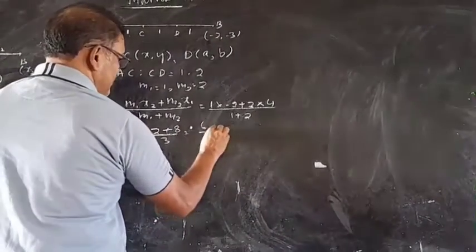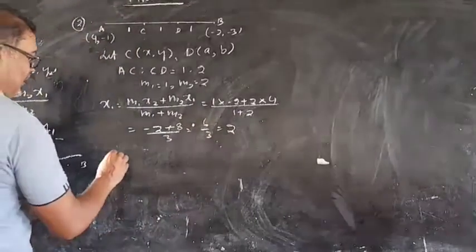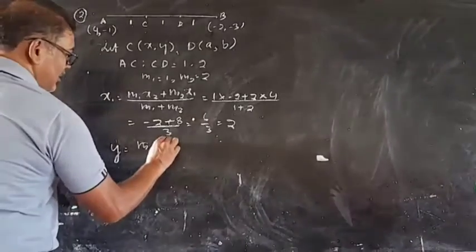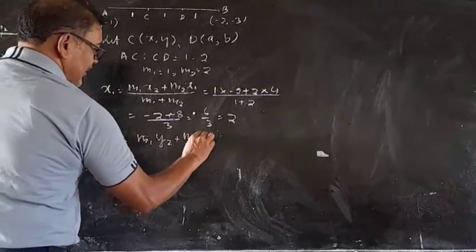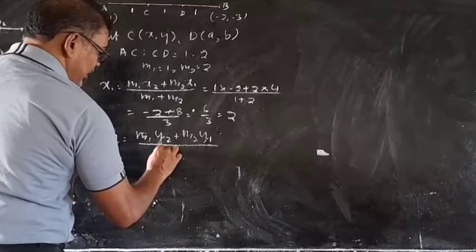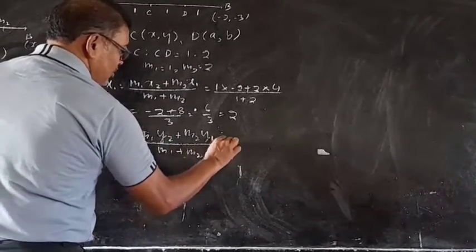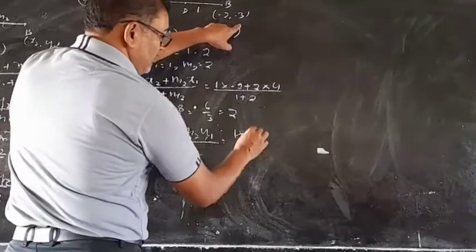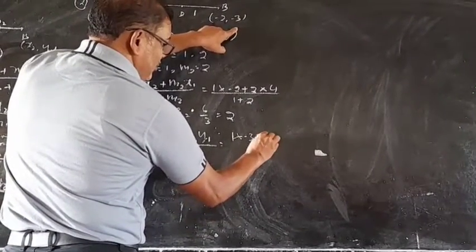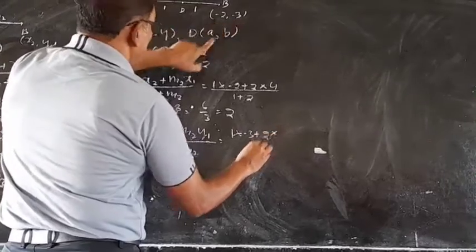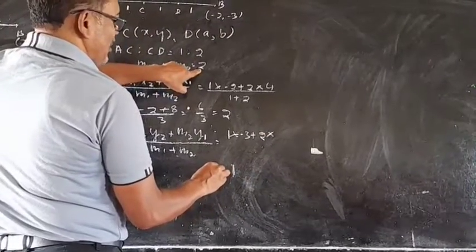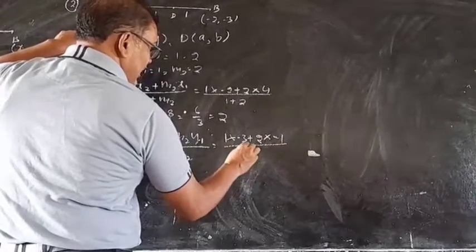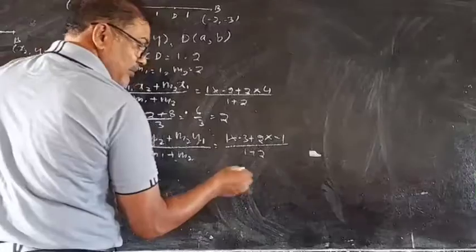6 upon 3, that is equal to 2. Now y is equal to m1 y2 plus m2 y1 upon m1 plus m2. m1 is equal to 1, y2 is equal to -3, plus m2 is equal to 2 and y1 is equal to -1, upon m1 plus m2, which is 3.